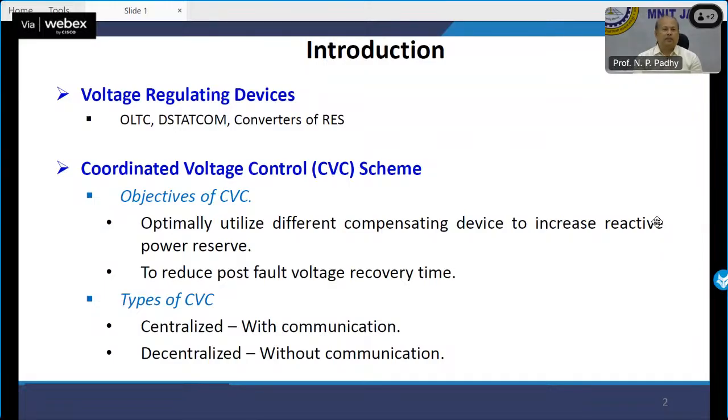Now what happens when there is a fault in a system? You will experience low voltage. Instead of 1 per unit, you will experience 0.8, 0.85 voltage because most of the things are disconnected, isn't it?